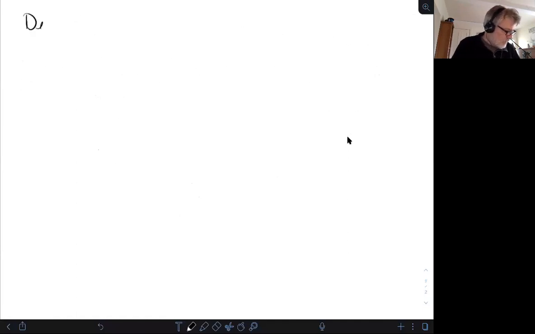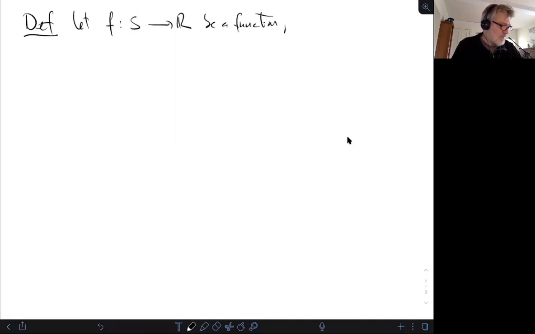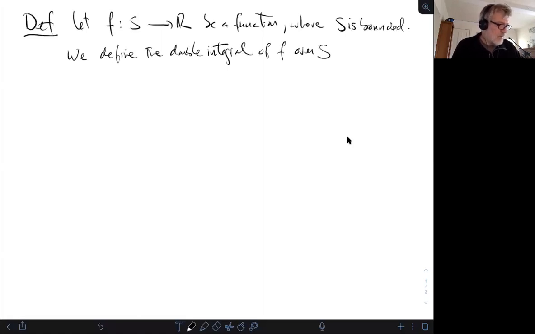So here we go. So let F be defined on some region S, where S is bounded. Okay. So we're going to define the double integral of F over S as follows.